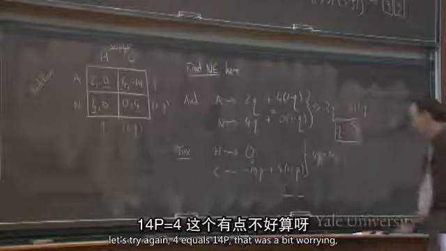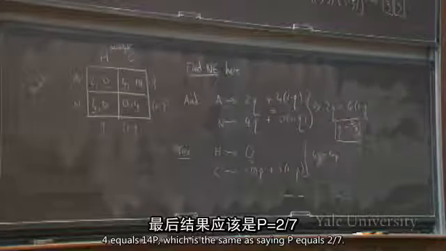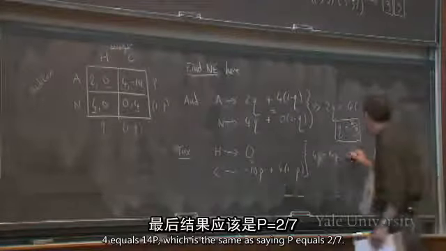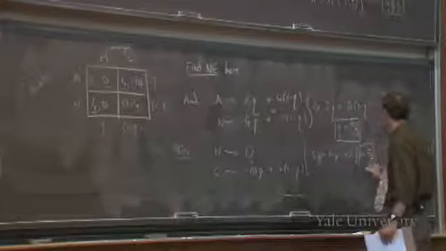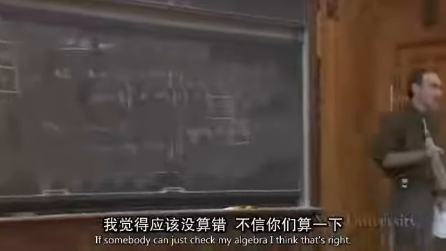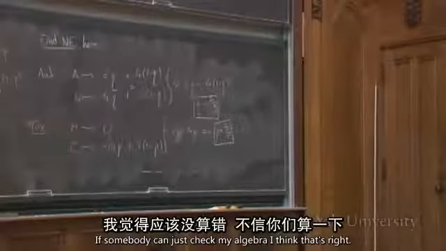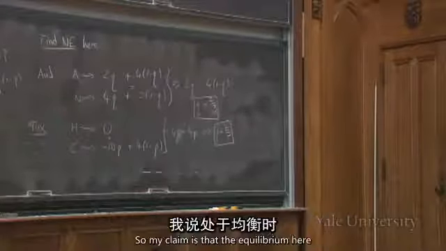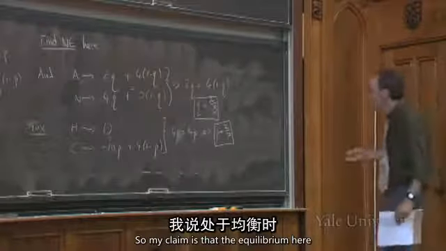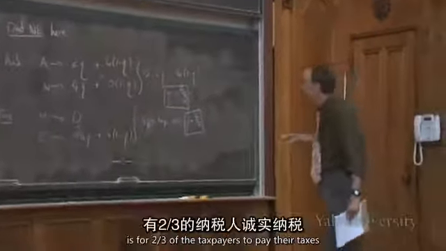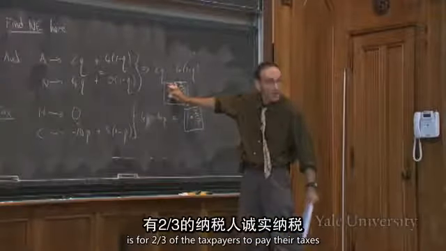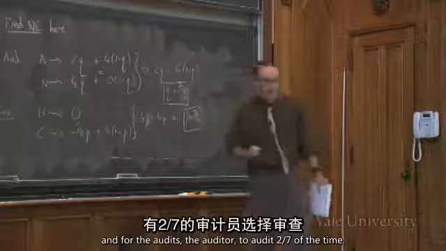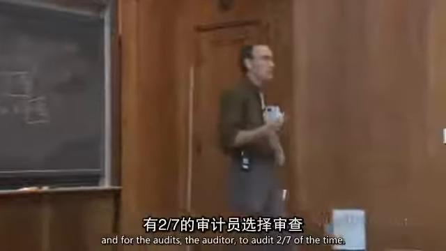Let's try again. 4 equals 14P. That was a bit worrying. 4 equals 14P, which is the same as saying P equals 2/7. Someone can just check my algebra. I think that's right. Hope that's right. All right. So my claim is that the equilibrium here is for 2/3 of the taxpayers to pay their taxes, and for the auditor to audit 2/7 of the time.